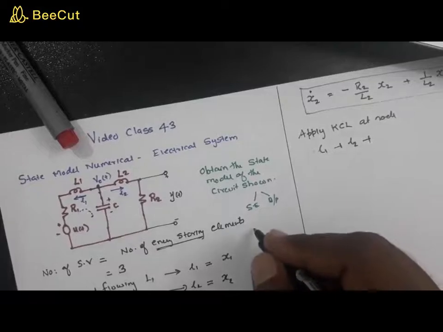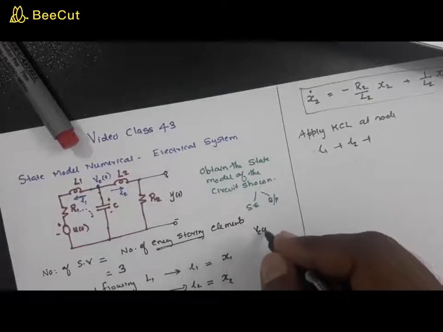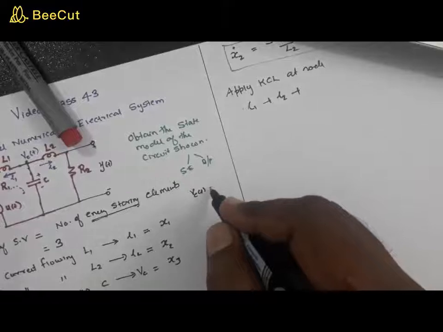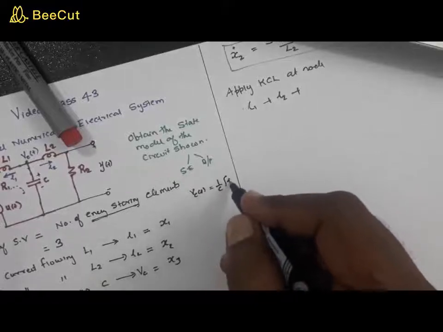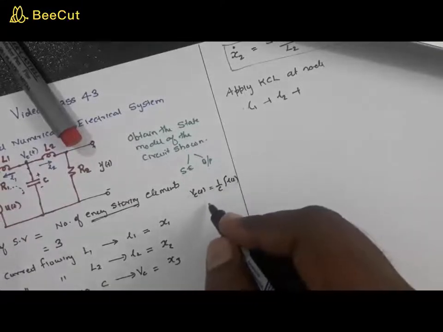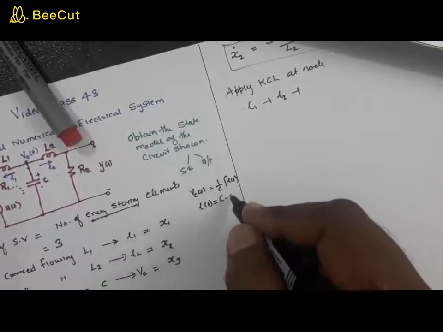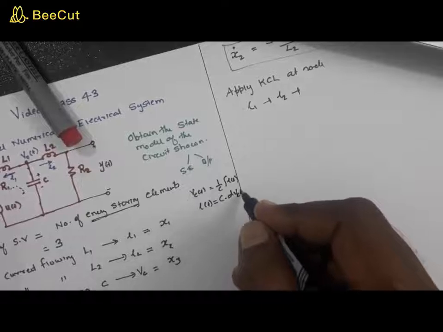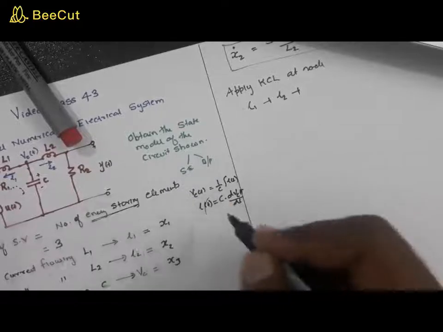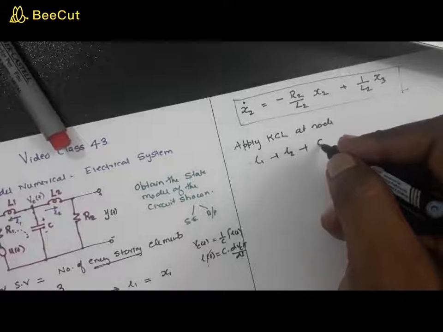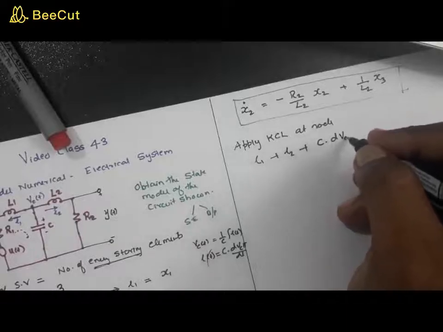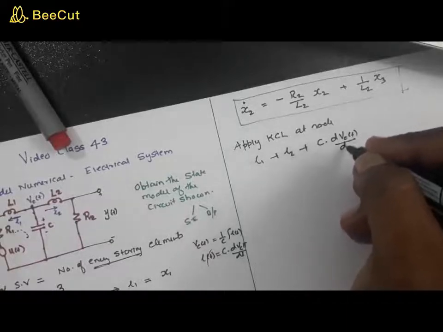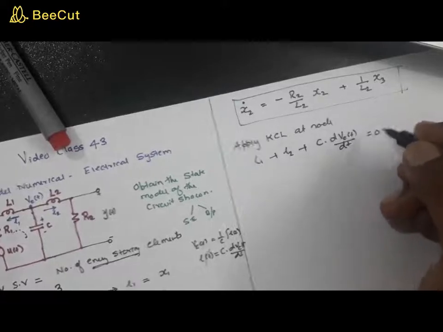We know that Vc of t is equal to 1 by c integral of I of t dt, so in reverse, the current flowing through it is c into dvc of t by dt. So I1 plus I2 plus c into dvc of t by dt is equal to 0.